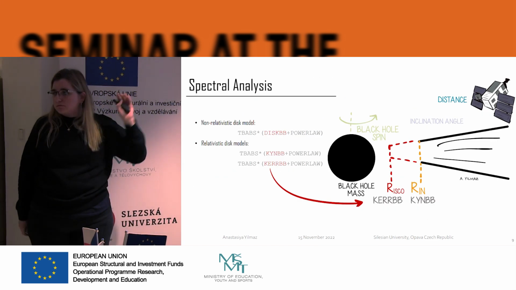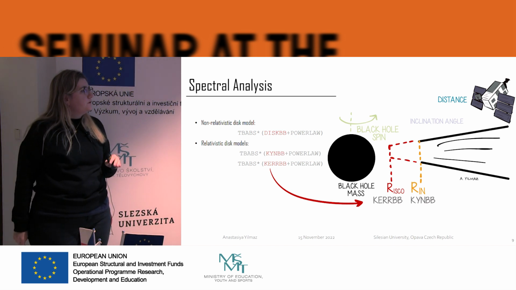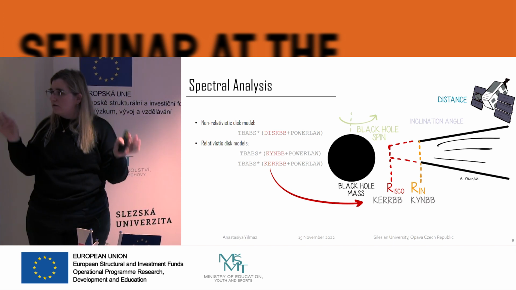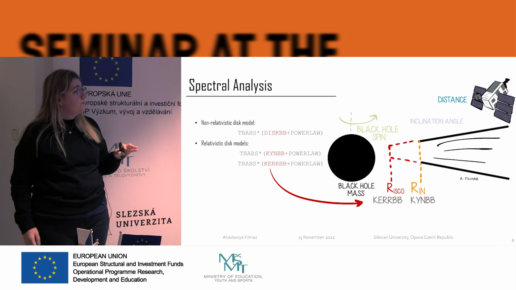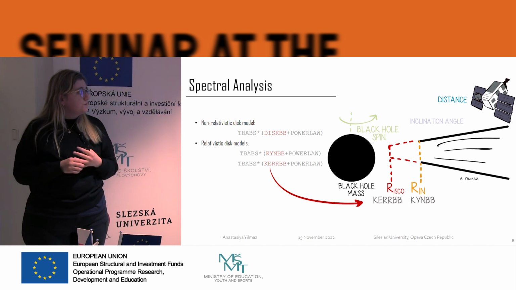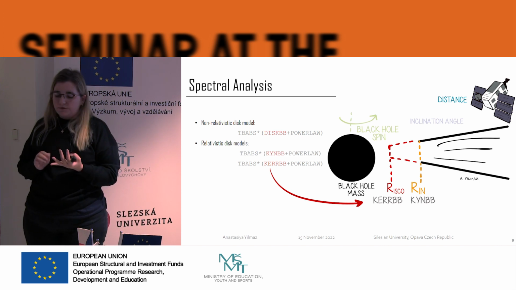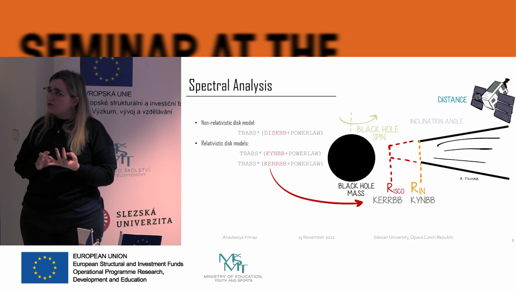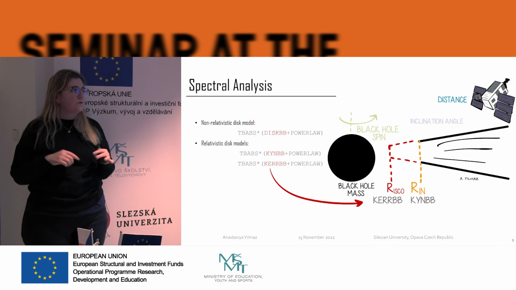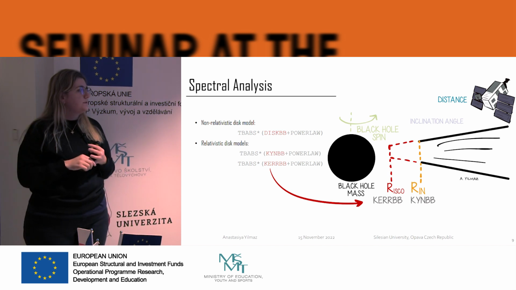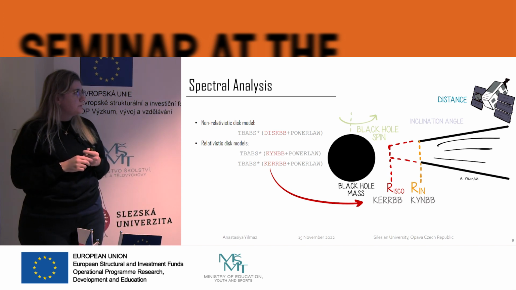I will shortly describe the spectral analysis process because it's not really that interesting, but I want to introduce the two models that I used. The main goal was to see if relativistic modeling of the accretion disk can provide a solution to the deviations we saw on that plot.